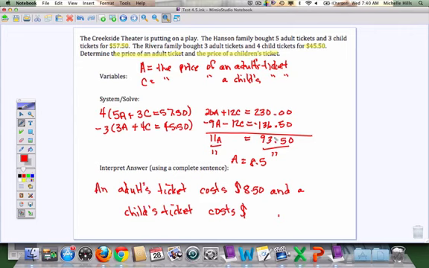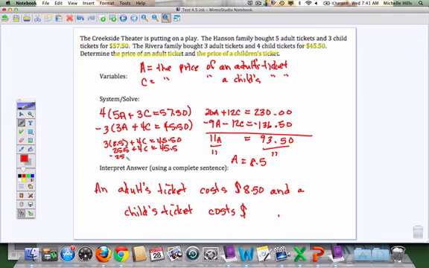A child's ticket, well, to find this, I'm going to go back to one of my equations. 3 times, well, instead of a, I'm going to put an 8.5 plus 4c equals 45.50. Well, 3 times 8.5 is 25.5 plus 4c equals 45.50, which I could just write as 45.5.